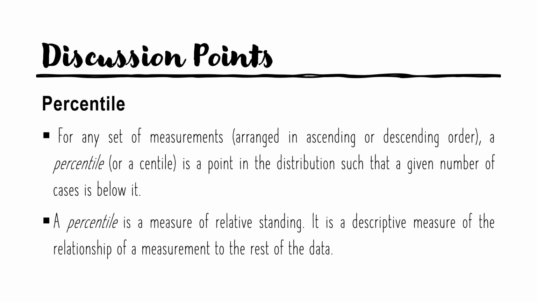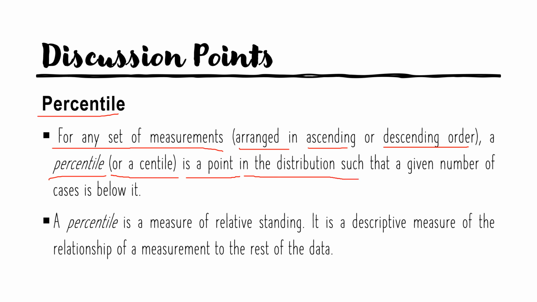So for our discussion points, percentile for any set of measurements arranged in ascending or descending order. A percentile or a centile is a point in the distribution such that a given number of cases is below it.